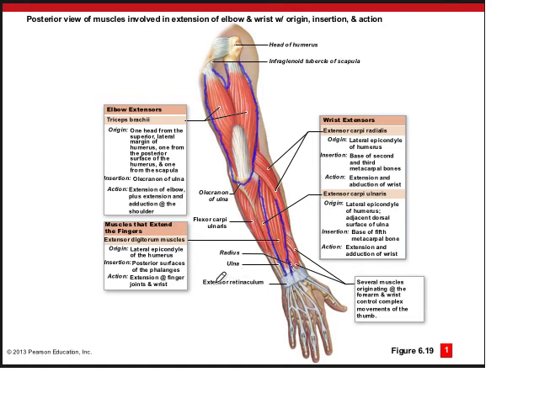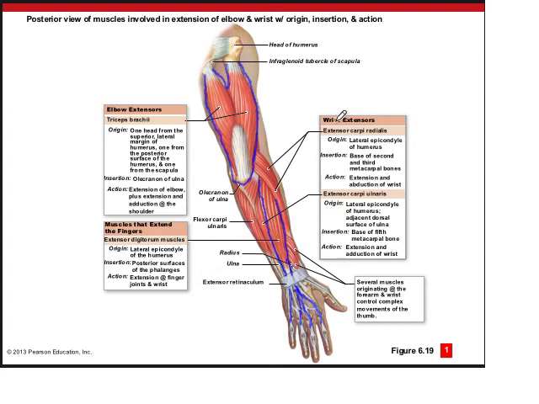And it inserts on the posterior surface of the phalanges. Okay, so those are the back of the fingers. All right, so where are we going to see that? There, there, there, there. The action is extension at the finger joints and at the wrist.